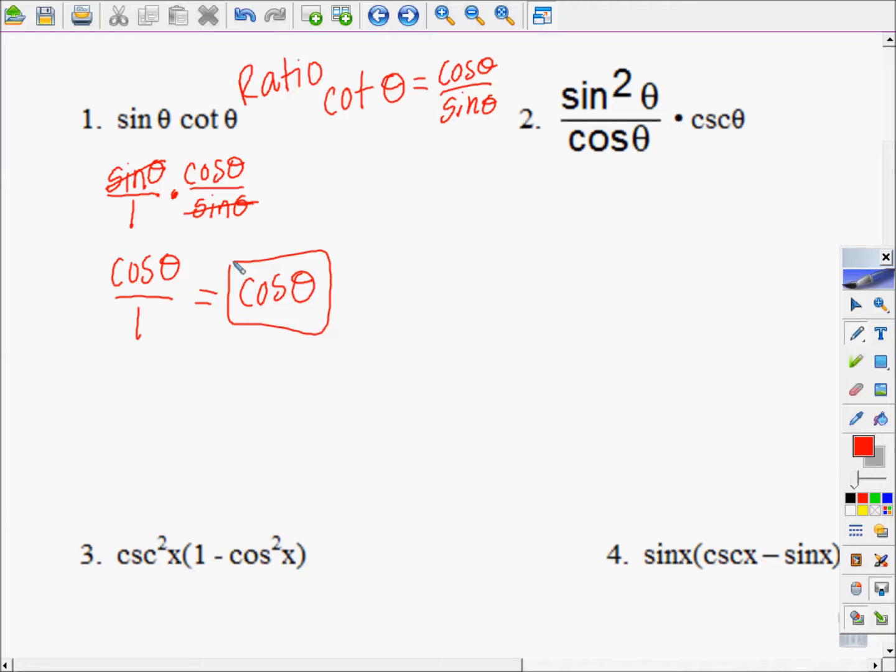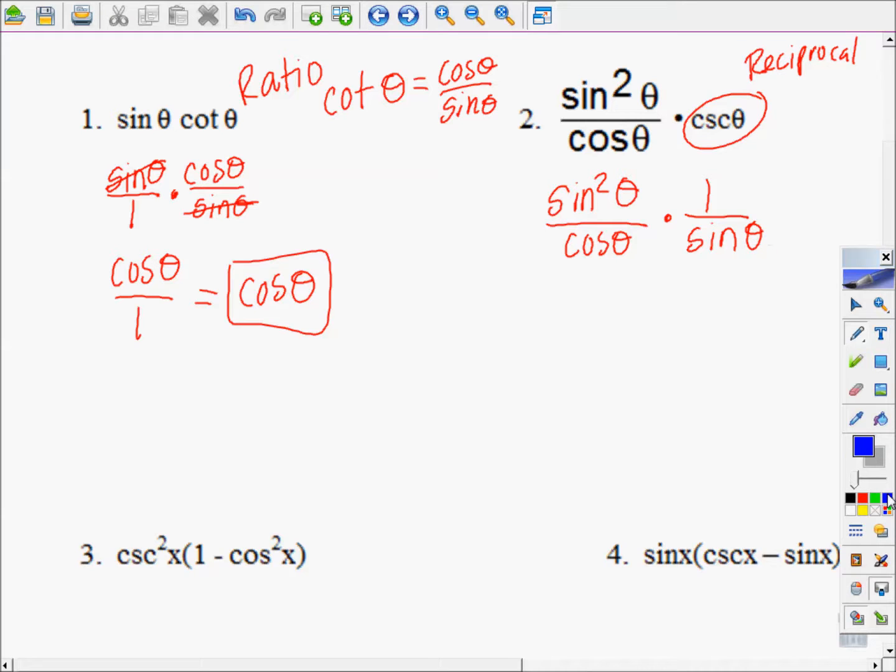All right, number 2. 2 is sine squared theta over cosine theta times cosecant theta. These are already in terms of sine and cosine, but what is this? Cosecant. Can I transform cosecant into sine or cosine? Yes. Which one can I transform it into? Sine. Because cosecant is a reciprocal of sine, right? So this is going to become sine squared theta over cosine theta times 1 over sine.